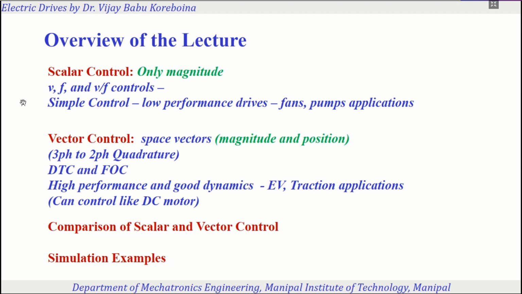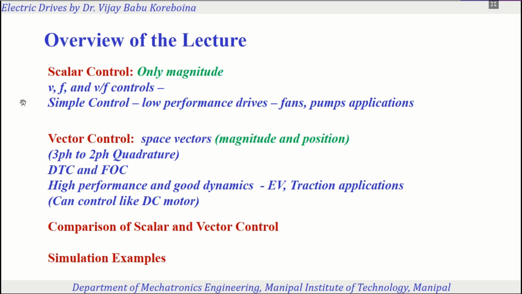And we understood that vector control is related to space vectors, either current, flux, or voltage, where we consider not only magnitude but also position, as we take them as vectors. We understood the three-phase to two-phase quadrature conversion, and what is meant by DTC, direct torque control, and field oriented control.